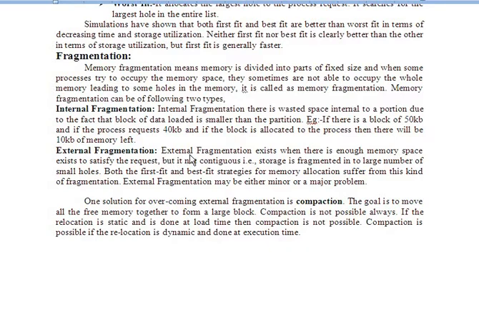Another fragmentation is external fragmentation. Here we have enough memory space in memory, but we can't use it because it is not contiguous. Say, for example, we have 10 KB somewhere, 5 KB somewhere, 2 KB somewhere and 10 KB somewhere in memory.